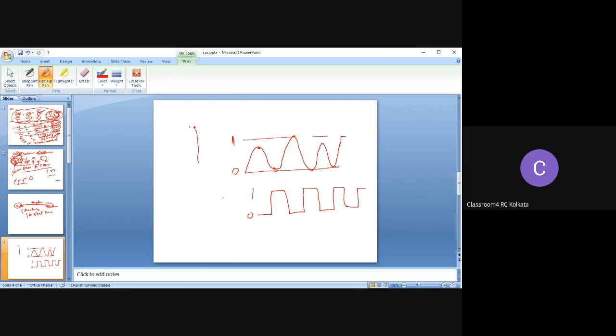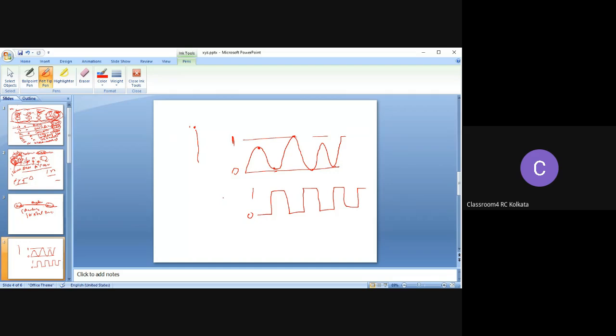Our voice is an analog signal. But computer data is either 0 or 1, so it is a digital signal.